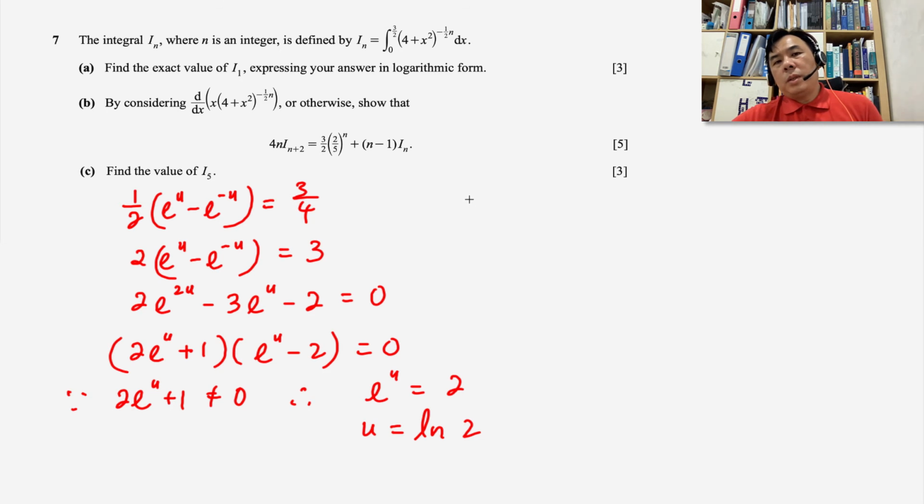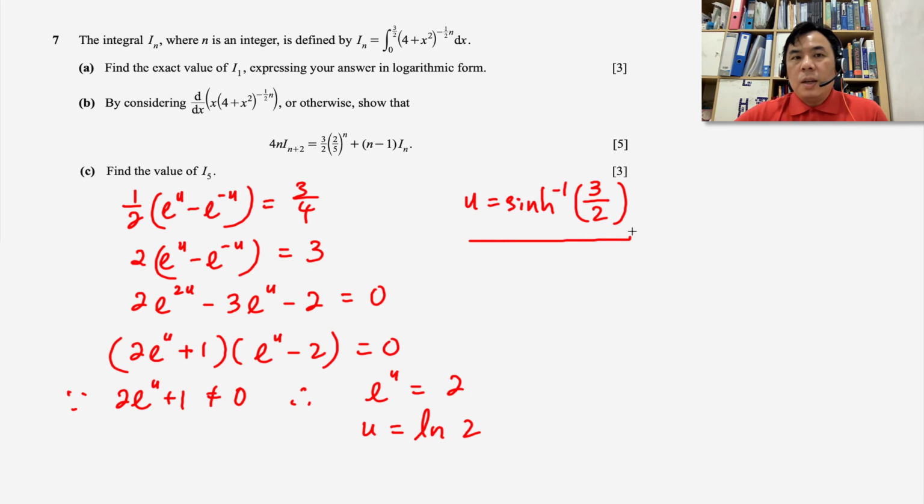Because we have represented u as the sine inverse of 2 just now. Oops, sorry, it's not sine inverse of 2, it's sine inverse of 3 over 2. That is from here. So from here, we have already found our u, which is the solution to I1, and our u is ln 2.